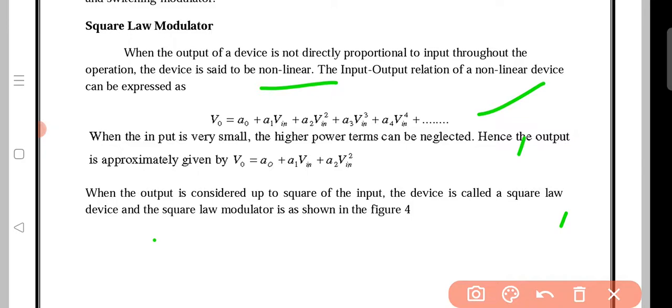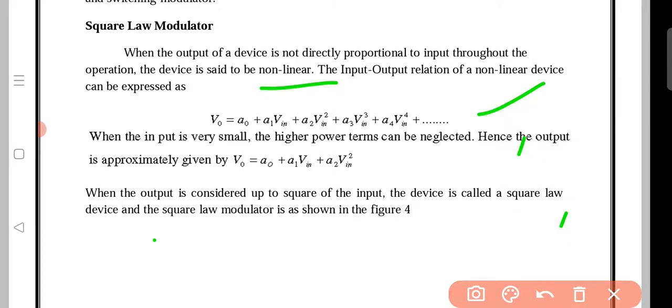Because of that, the higher order terms are automatically eliminated. We take the relation up to the square part only, because the higher order terms are unnecessary to us; we accommodate filters in the circuitry, so the higher order components are automatically eliminated.